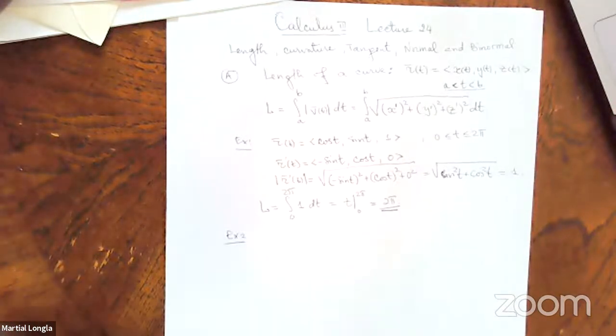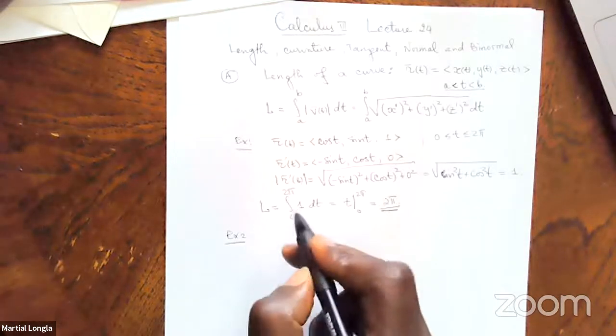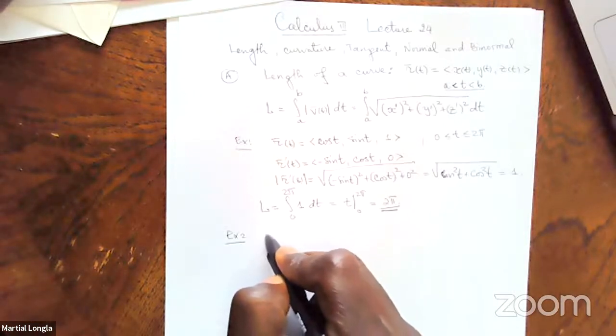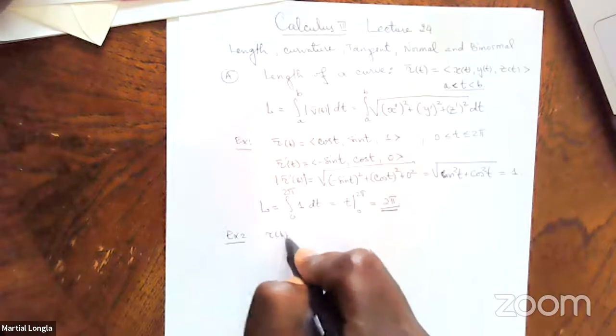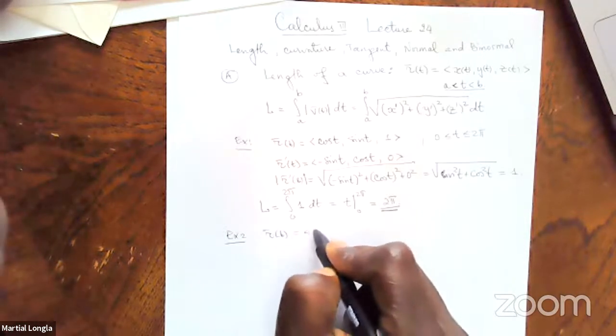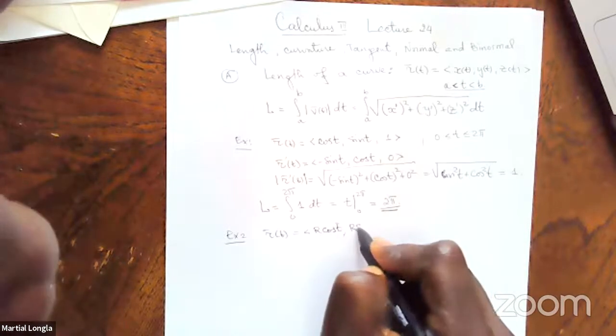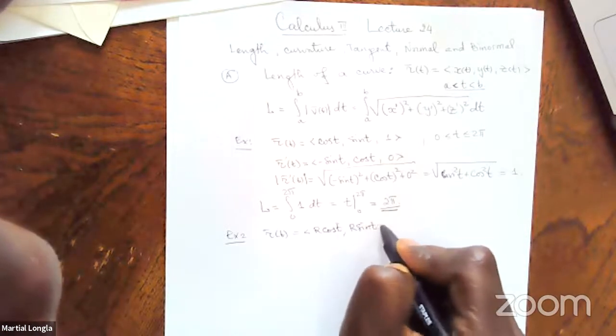In general, let us prove the formula for the length of an arc of a circle. Let's say we have r of t equals r cosine t, r sine t.